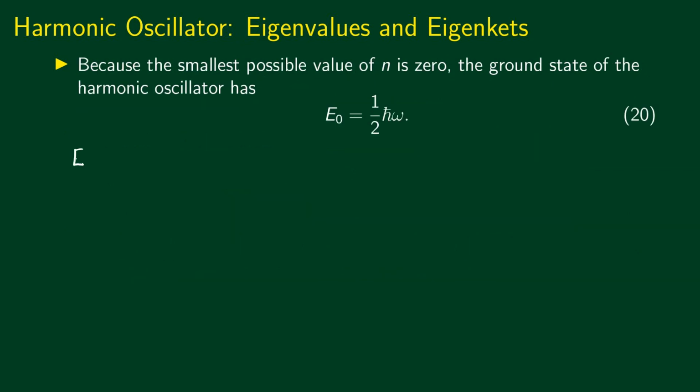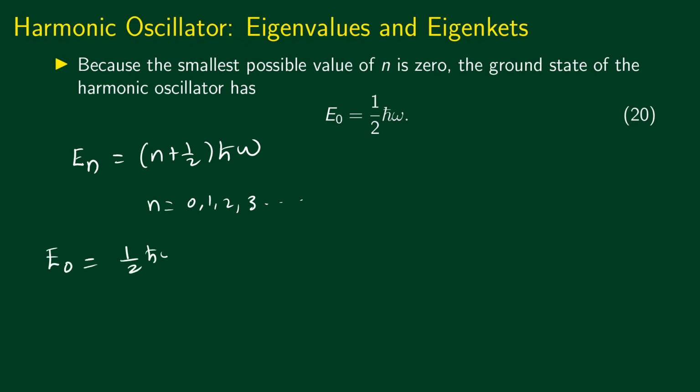We found that the energy eigenvalues are given by E_n equal to (n plus half) h bar omega, and now we realize that n has to be a non-negative integer, which means that n is 0, 1, 2, 3, etc. n equal to 0 is the lowest possible value for n, and the corresponding energy is E_0 equal to half h bar omega.